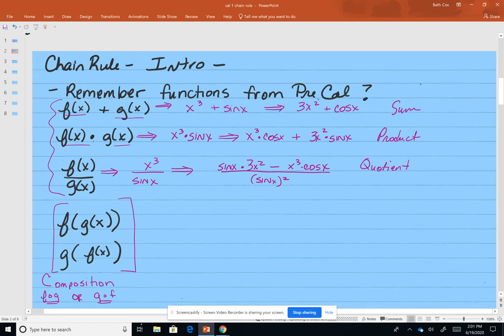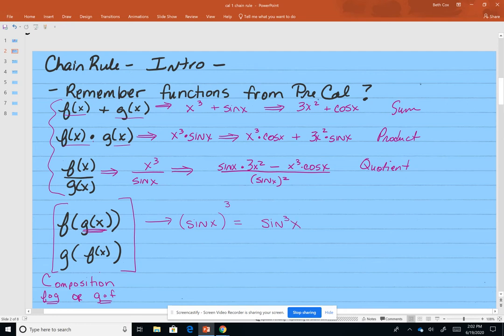Now if we use the same f and g that we did on these other ideas, f composed with g: f was x to the third, so f would be blank to the third, and then the g goes in here, which would be sine x. We would normally write that as sine to the third x.